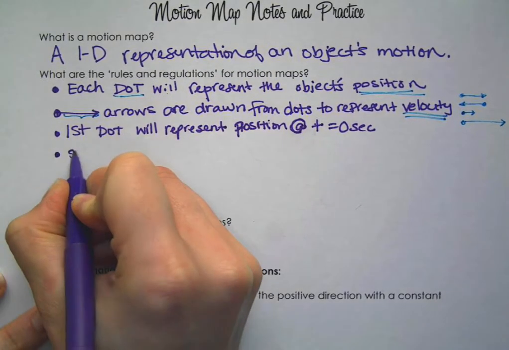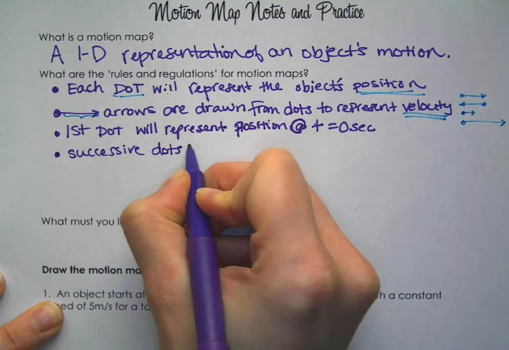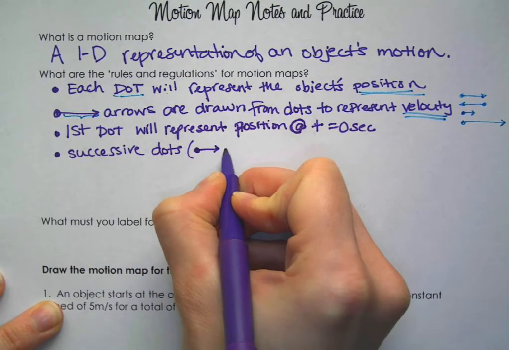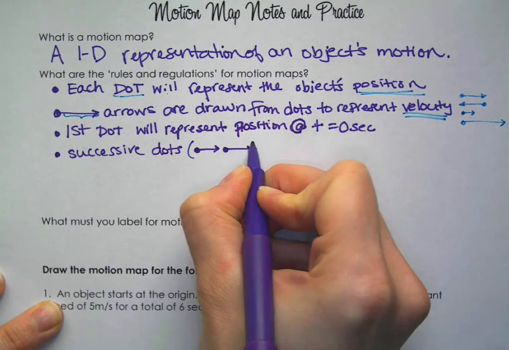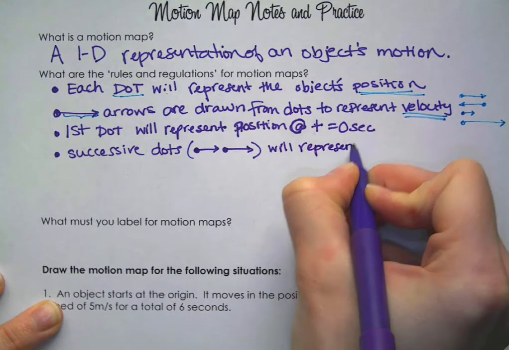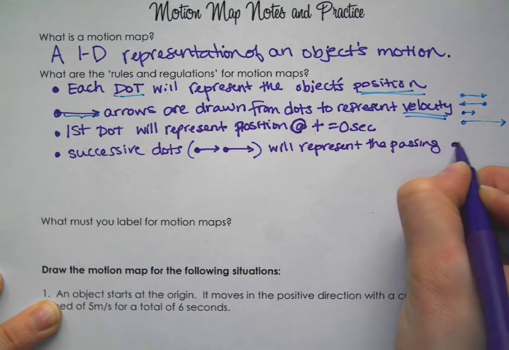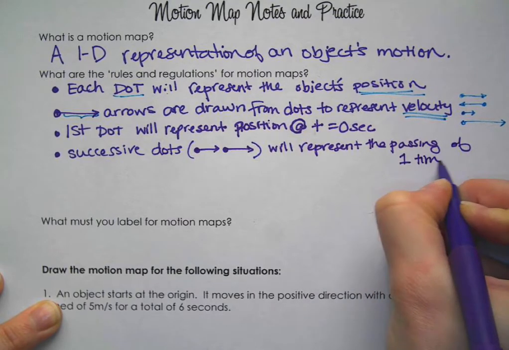Each successive dot, so if I have a dot here with an arrow and then another dot with an arrow, will represent the passing of one time unit.